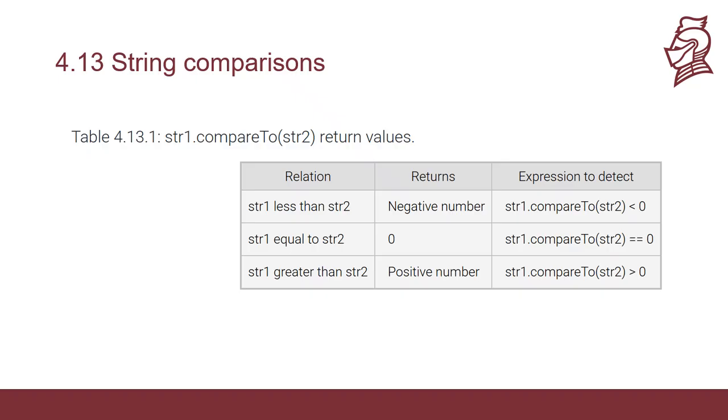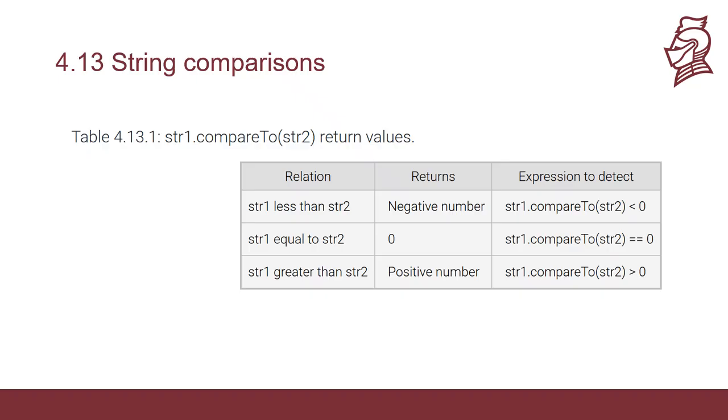We have string one, and we call string1.compareTo(string2). We put string two in the parentheses, whatever it is. It can be a string in quote marks, it can be another string variable, and we're going to compare string one to string two. CompareTo compares those two strings, but what it returns involves how the strings compare.